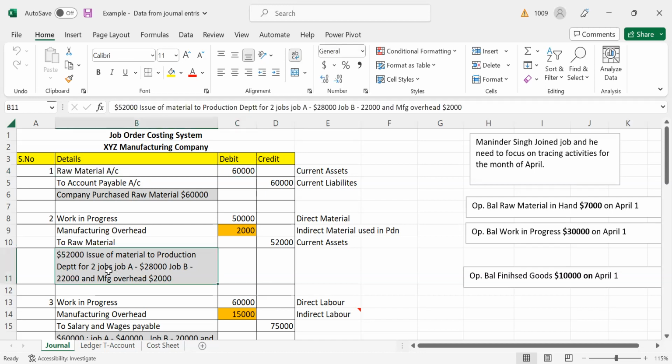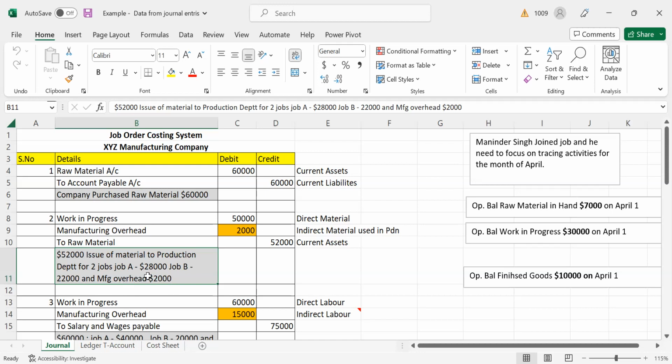Once the material was purchased, we put it in the godown. Now, in the production unit, $52,000 of material was issued to the production department for two jobs. Job A is $28,000 and job B is $22,000, and manufacturing overhead is $2,000.